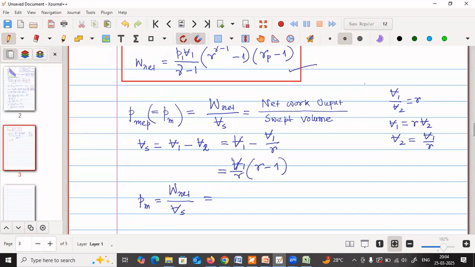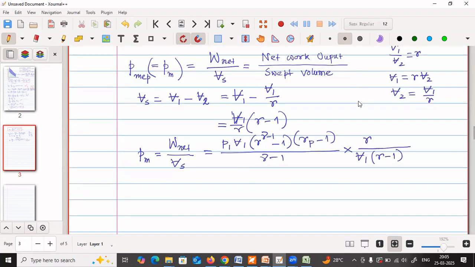W net is this one, that is P1 V1 whole multiplied with R to the power gamma minus 1, Rp minus 1, divided by gamma minus 1, multiplied by 1 by Vs. So 1 by Vs is equal to R by V1 multiplied by R minus 1. I have just taken the reciprocal of Vs.